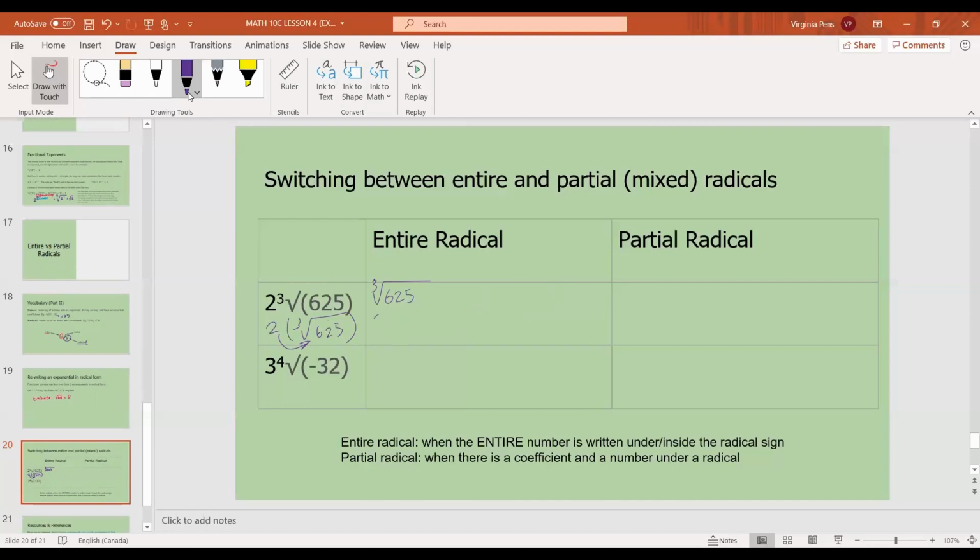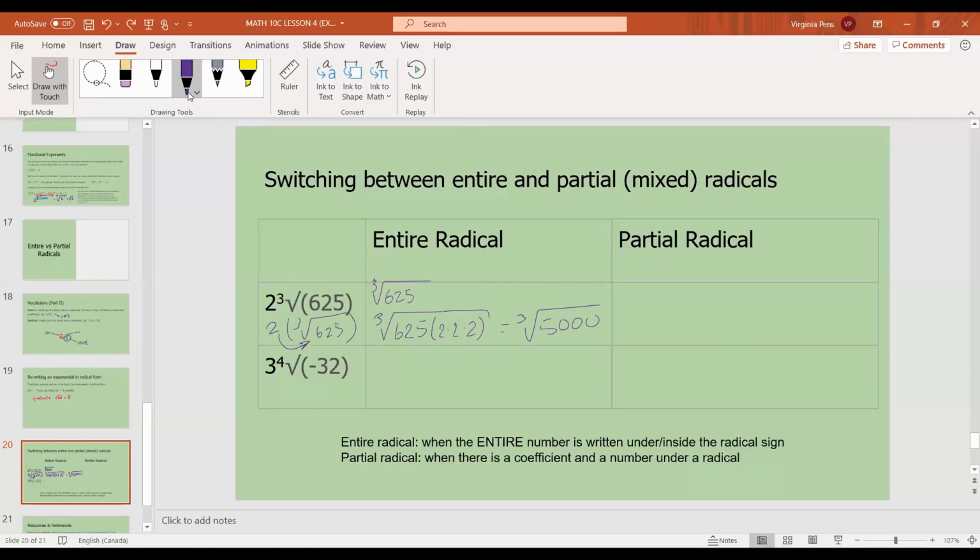Same idea: when you bring in a 2, you have to multiply it by itself 3 times, so 2 times 2 times 2. We condense it, and plugging this into our calculator, we get 5,000. That is a completely different answer than what we had before. All right.